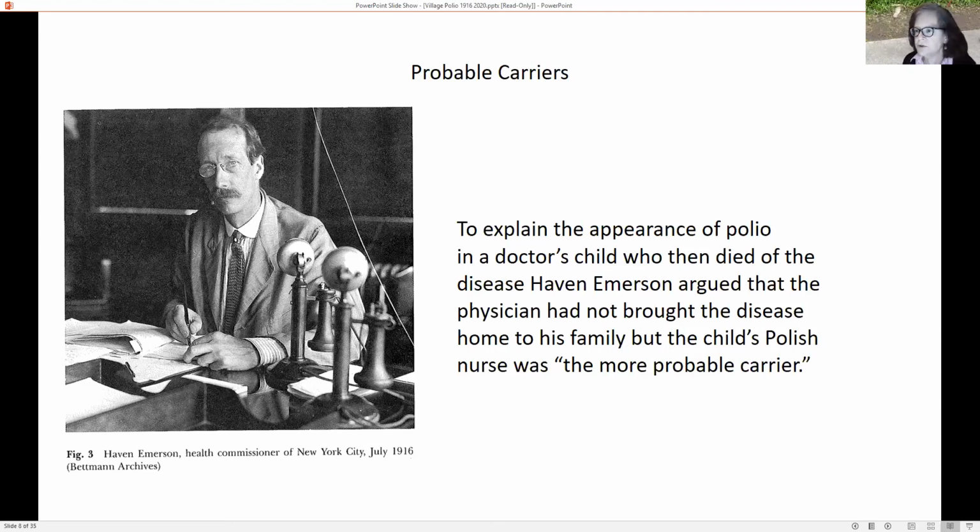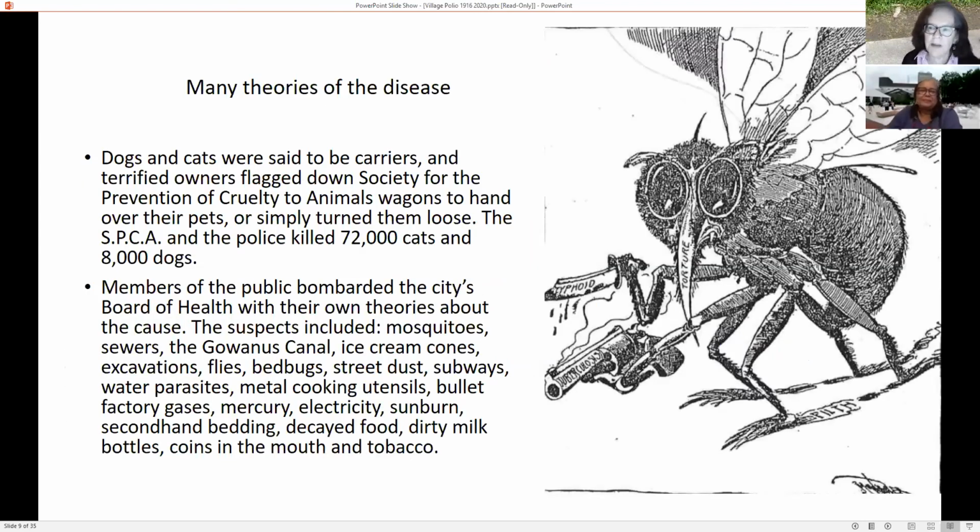And so when there was a doctor's child, and here let me just translate that as an Anglo-white middle-class doctor's child, who had got the disease and then died of it, Emerson argued that it was not the result of the father, even though he was a physician and could potentially have brought the disease home to the family, but it was much more likely that the child's Polish nurse, an immigrant woman, had been the probable carrier.